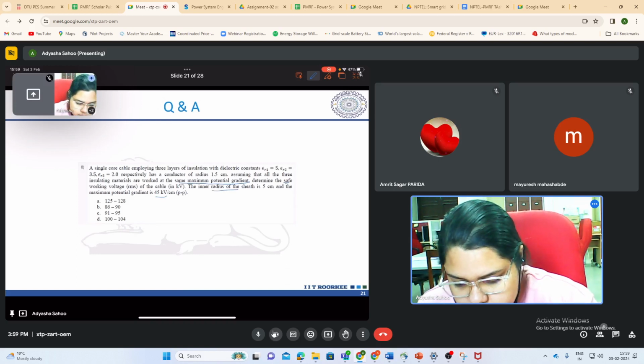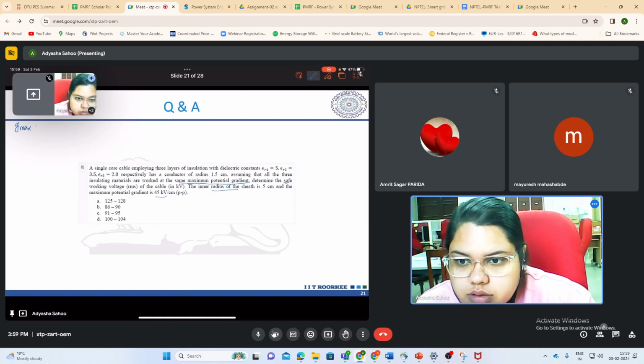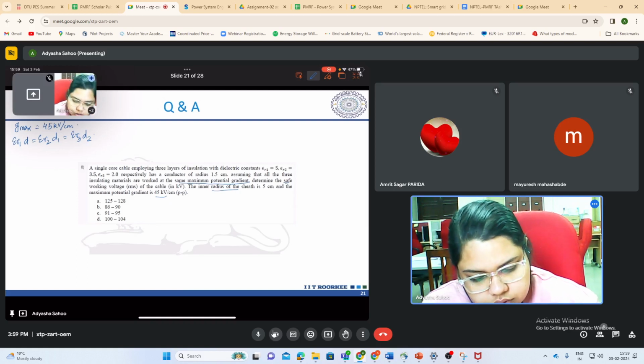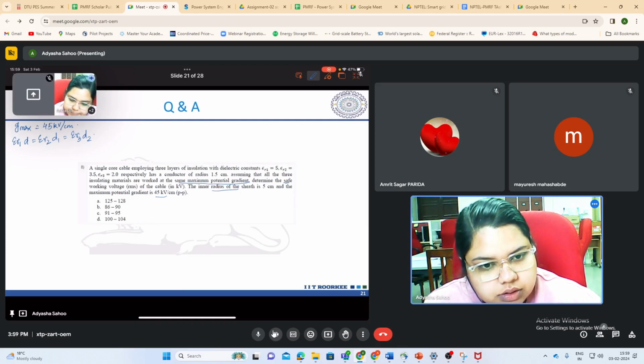So what do we need to do here? Basically, Gmax is given as 45 kV per cm, and we have, so here you know the value of ER, the dielectric constant, basically epsilon R1, R2 and R3.